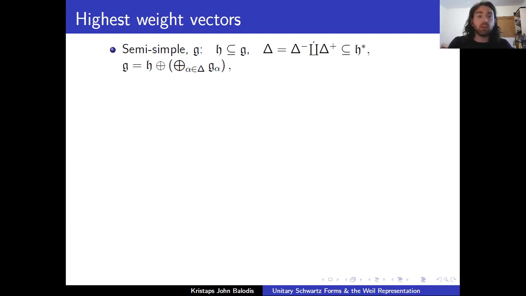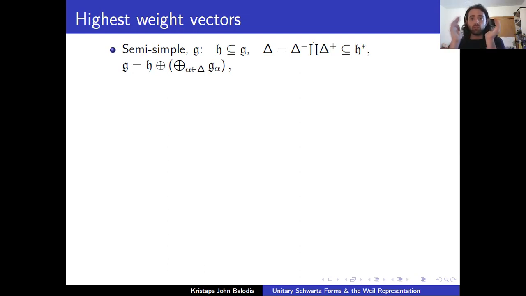One thing that we get out of this is, now I won't define these subspaces, these g sub alpha, in this talk, but there does exist a nice decomposition indexed by these so-called roots.